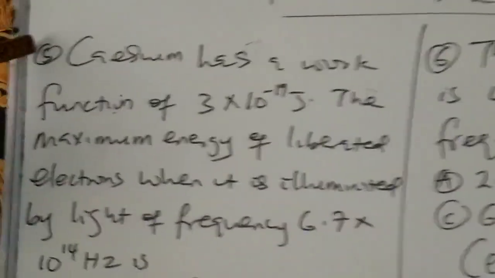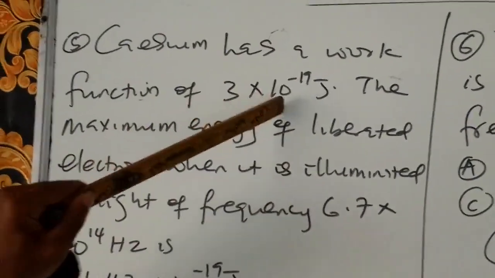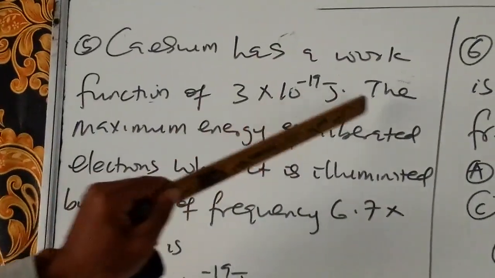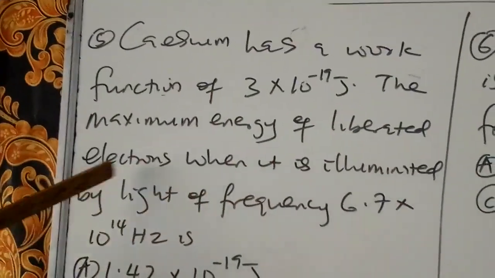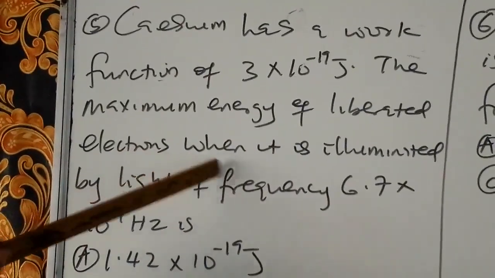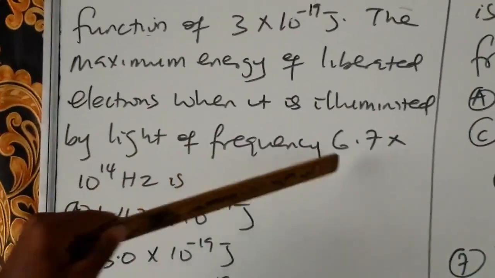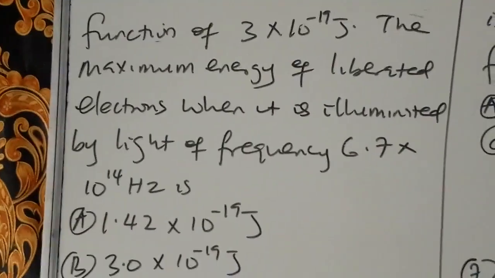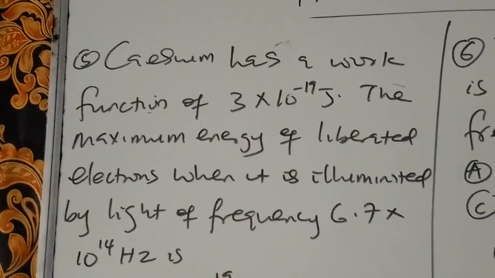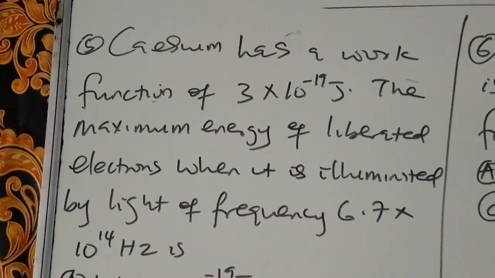Question 5 says calcium has a work function of 3 times power minus 19 joules. The maximum energy of liberated electrons when it is illuminated by light of frequency 6.7 power 14 Hz is, repeat the question, calcium has a work function of 3 times 10 to the power minus 19 joules.